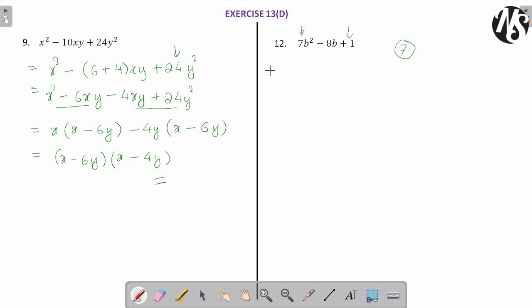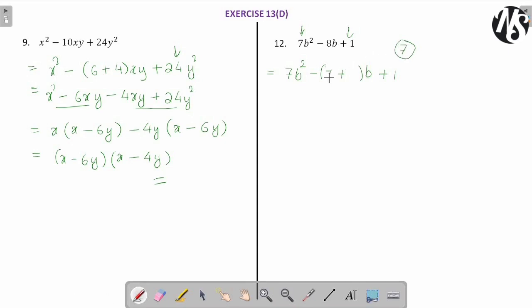Now next step, you will break the middle term. So we have 7b squared minus, we'll break the middle number, that is 8, b, where the variable is b and the last number is 1. The sign is plus here, so we'll write plus here. Now we will break this 8 into two numbers such that their sum is 8, and when you multiply those two numbers, you get this particular number, that is 7.